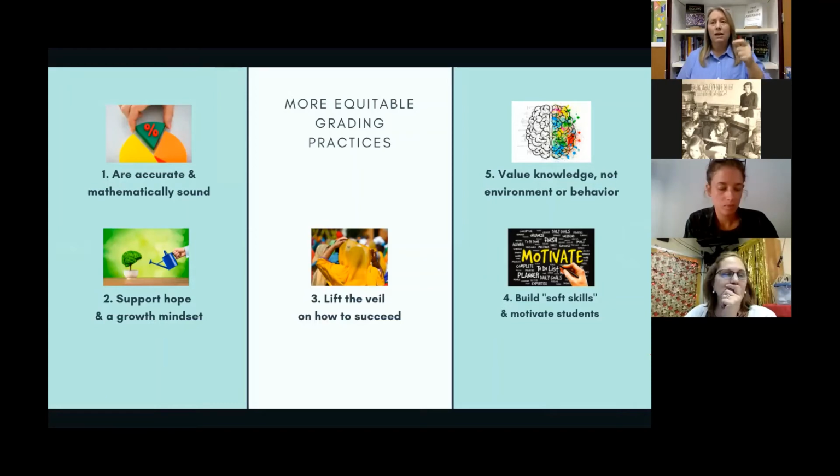And so many of our kids come to us already shut down about how they feel about school and learning. And if our grades continue to add to that, that's a problem. Instead, we need to build hope for them and a growth mindset to learn and succeed and fail and learn from failure. 3, that they would lift the veil on how to succeed. And that's about teacher clarity.